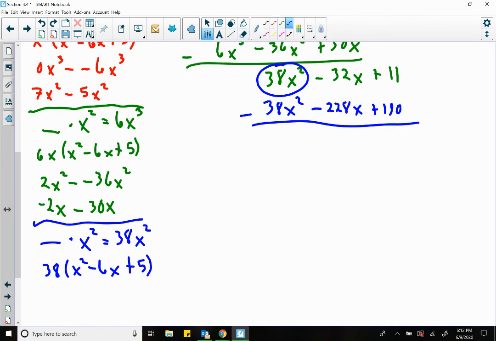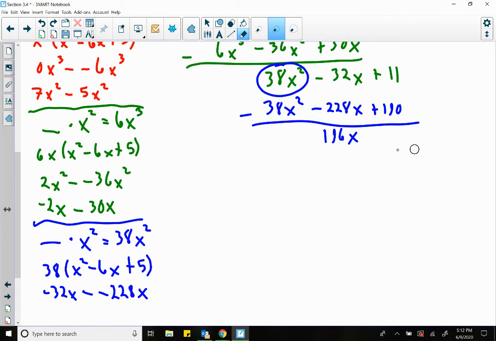Okay? So we know that these two cancel out. And then now we've got negative 32x minus negative 228x. So that's negative 32 plus 228, which gives us a positive 196x.